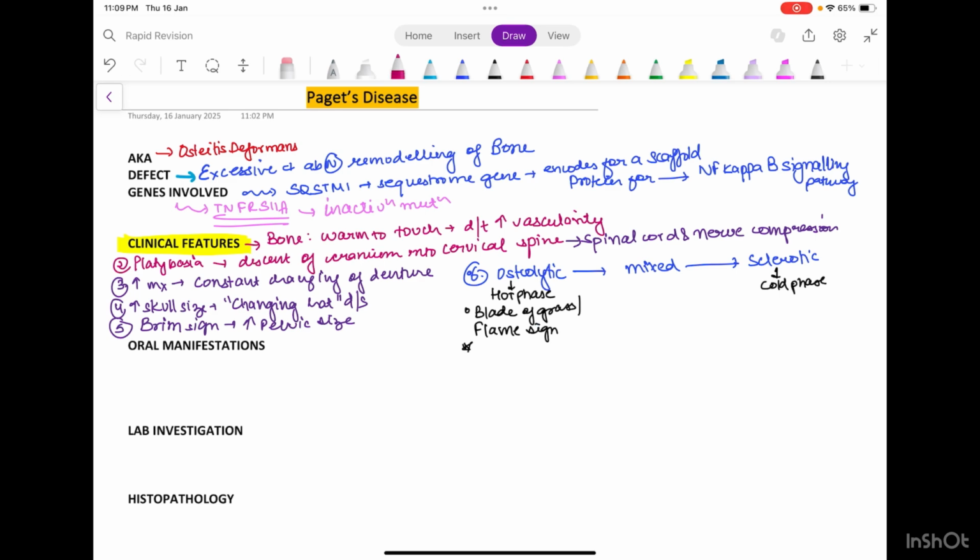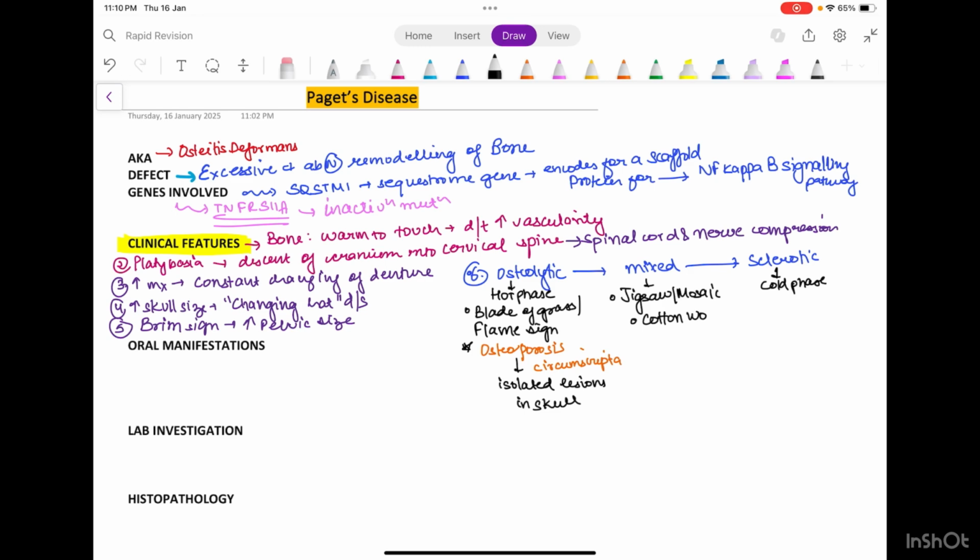Very important feature is osteoporosis circumscripta, which is nothing but isolated lesions in skull. In mixed, we will see jigsaw or mosaic pattern.